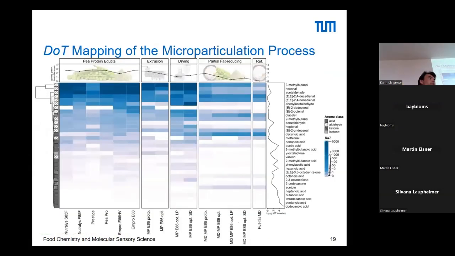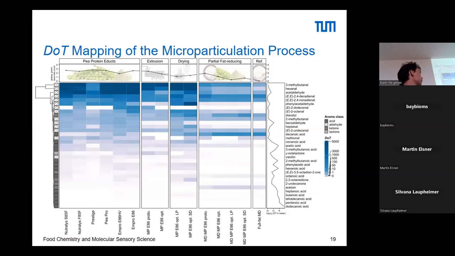With the help of this newly developed LC-MS method, we could take a lot of different samples and screen almost every process step, starting from the pea protein educt, over the extrusion, so the microparticulation, where the pea proteins were transformed to fat analogs, over the drying and the partial fat reduction.